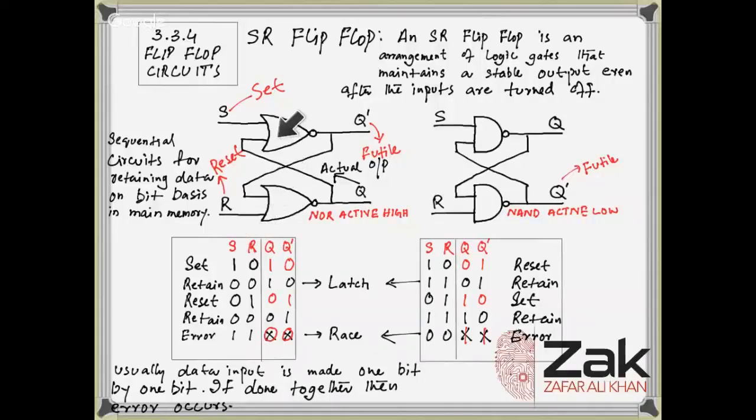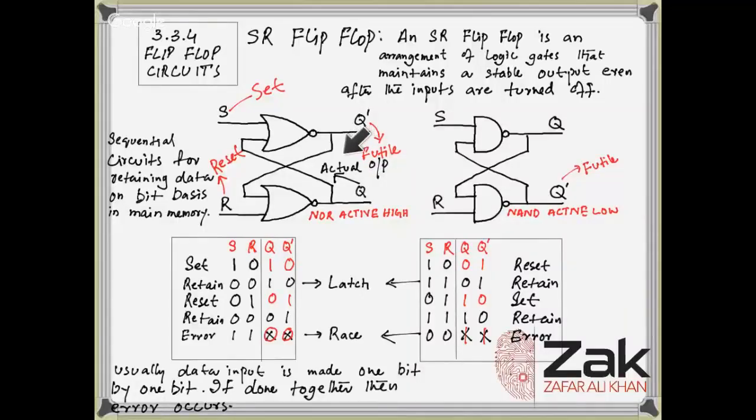So in NOR active high SR flip-flop, set is when we make S 1 and R 0. Remember, we cannot change both inputs together, because if we change both inputs together, we would have the same output here.